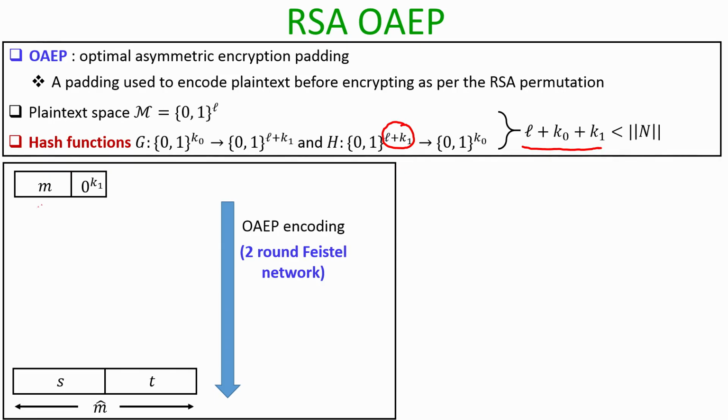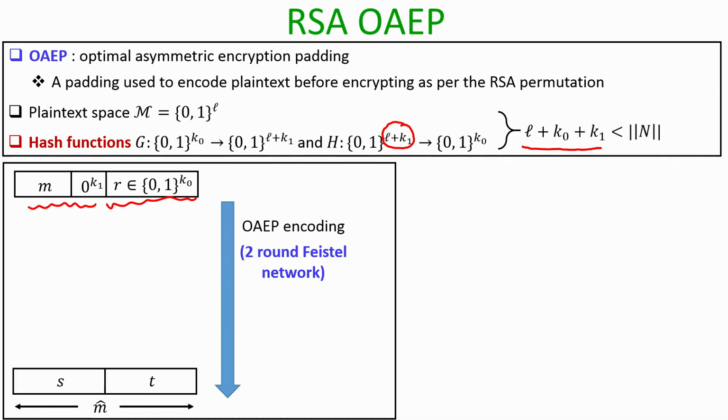To begin with, the sender appends the plain text with k1 zeros, which is publicly known, and this is considered the current left half for the Feistel network. The current right half is a random string r of length k0 bits.